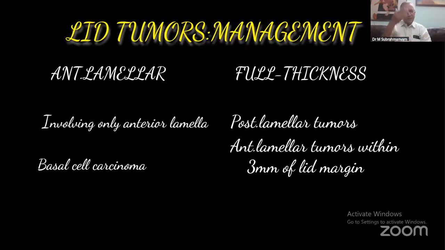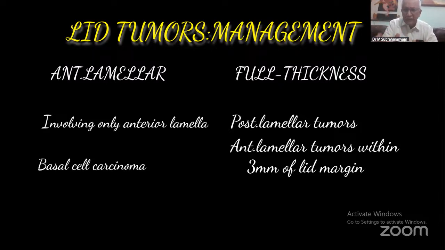Occasionally, people use forehead flaps, but the only problem with forehead flaps is that they give a big scar. That's number one. Number two, the skin is too thick, so it doesn't merge very well with the normal lid skin. So I prefer to avoid it as far as possible.